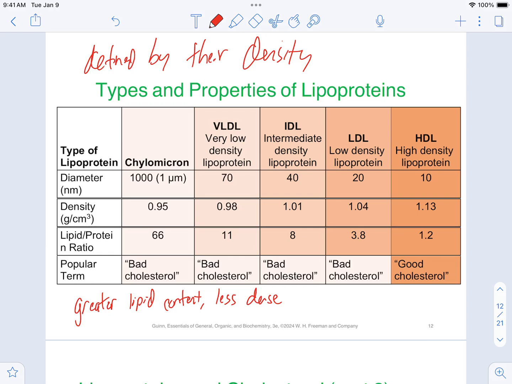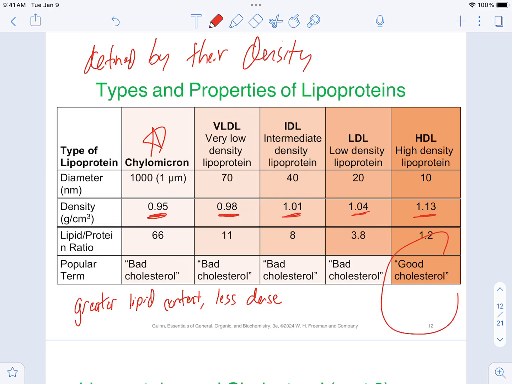So you can see here, starting with the chylomicrons, they have a density of 0.95. And then as you move onward to the right, you are getting more dense. So you can see you have VLDLs, which stands for very low density lipoprotein. You have intermediate density, low density, and then your high density lipoprotein.